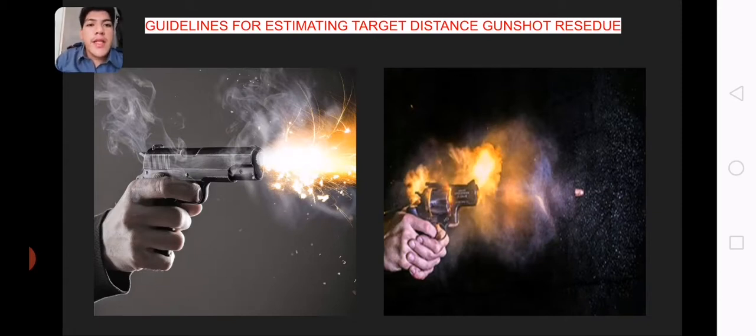Third is guidelines for estimating the target distance gunshot residue. When a gun is fired, the gunshot residue particles are produced during the gunpowder explosions and are emitted from the back of the weapon and the muzzle. These particles fly onto the skin and clothing of the person holding the gun.